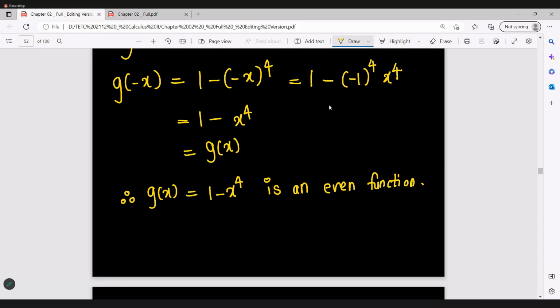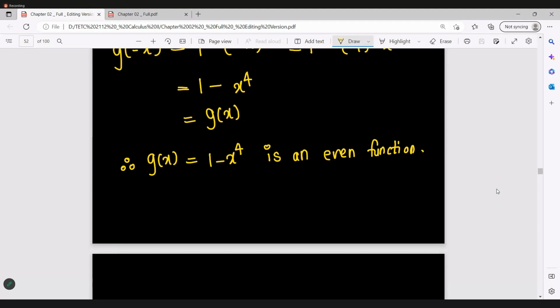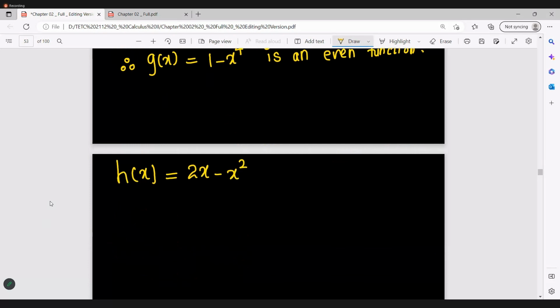Okay, do the third one. H of x is equals to 2x minus x squared. So you need to consider h of minus x. That means you need to replace all the x in this function by minus x. So we can write 2 times minus x, minus x to the power 2.